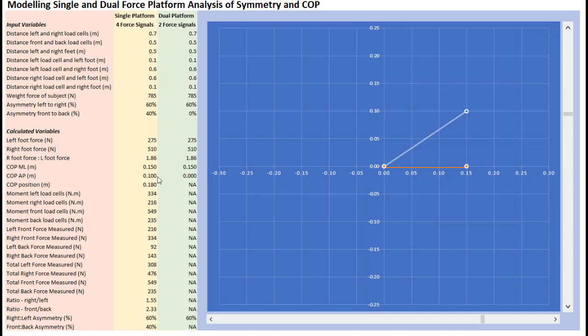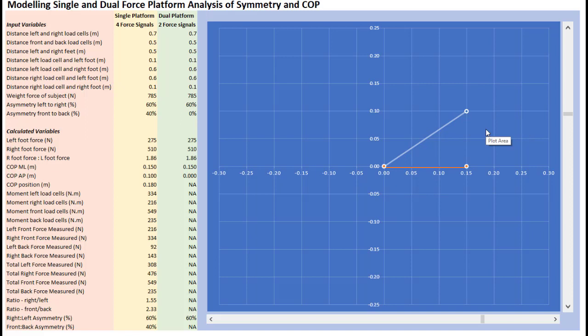We can see it's 0.1 of a meter here, but the dual plate system is unable to measure this, so it records as 0. And also with this data, with the single force plate system, we can determine the displacement of the center of pressure relative to the origin at 0.18 of a meter. So that is the distance from the midpoint of the platform to the center of pressure.